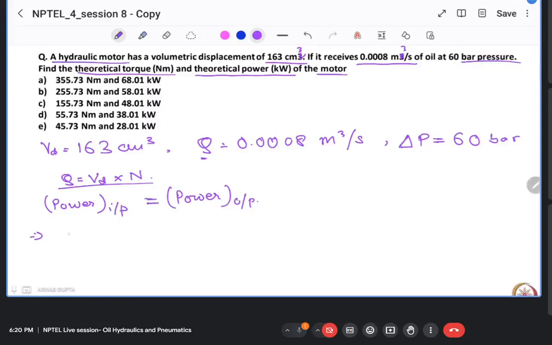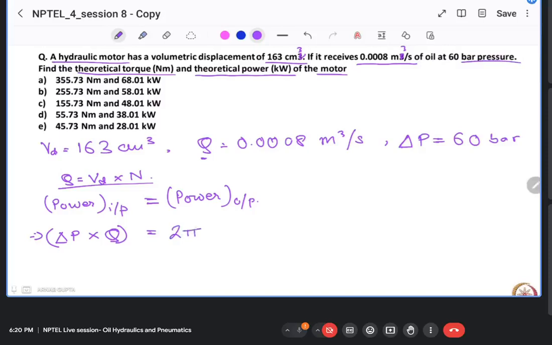So the hydraulic power is nothing but delta P multiplied by Q, and that is equal to the output power, that is the rotational kinetic energy and the power associated with it.